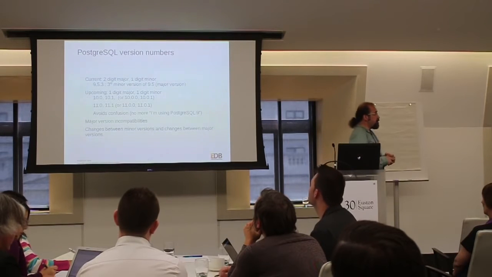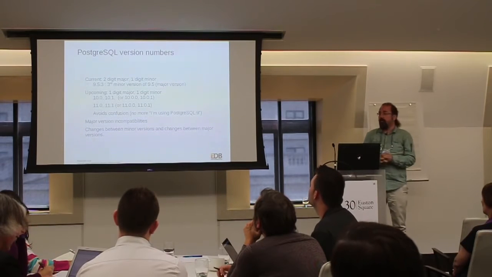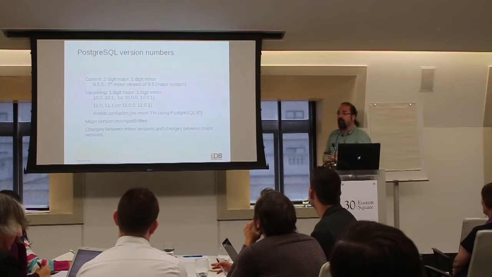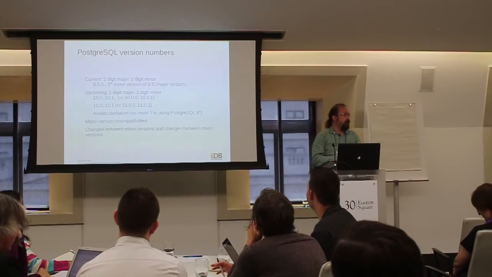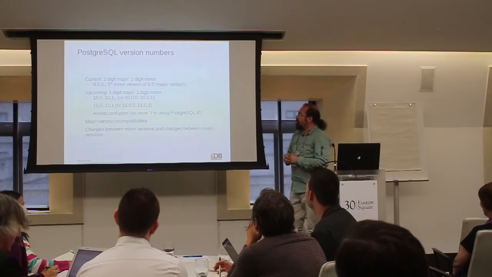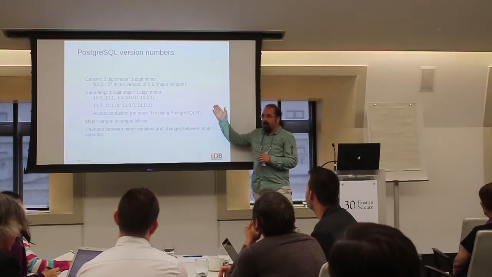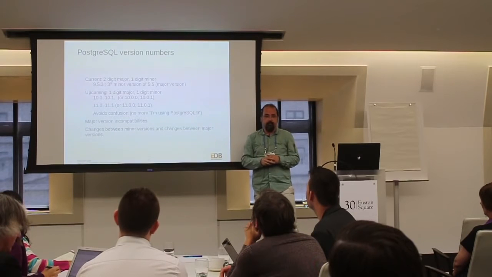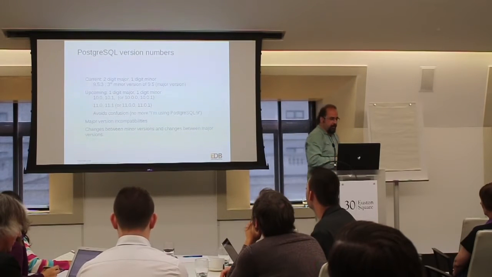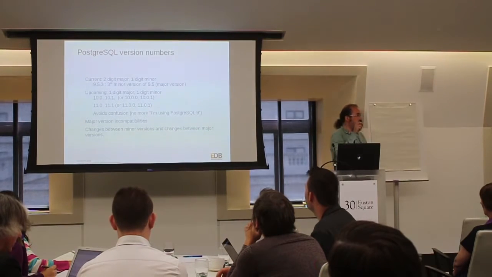Because in every major version, we introduce new bugs. We introduce new features. However, it's going to change. In the next release, it will be either 10.0, then 11.0. So we will have only 1 digit, probably, for the first number.